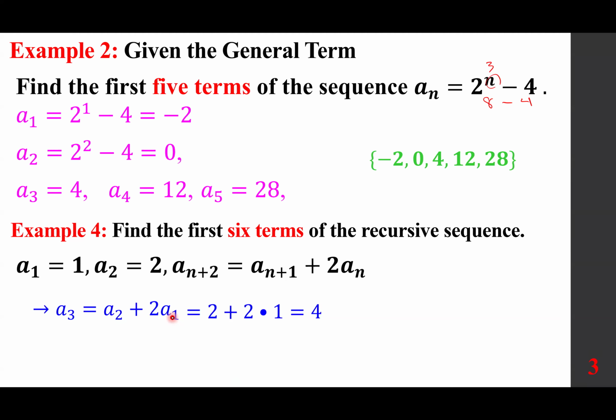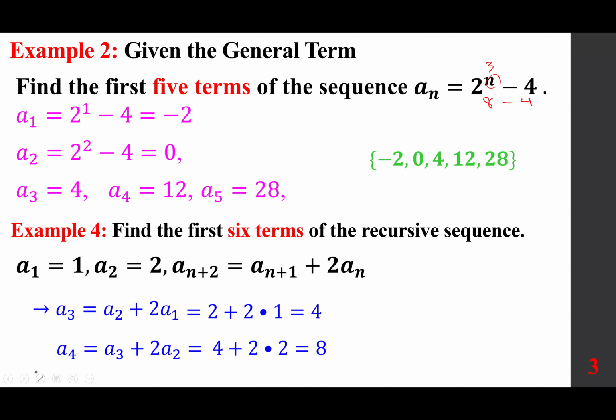4. If I want the next one, A sub 4 is A sub 3 plus 2 A sub 2. So 4 plus 2 times 2, they add up to 8.